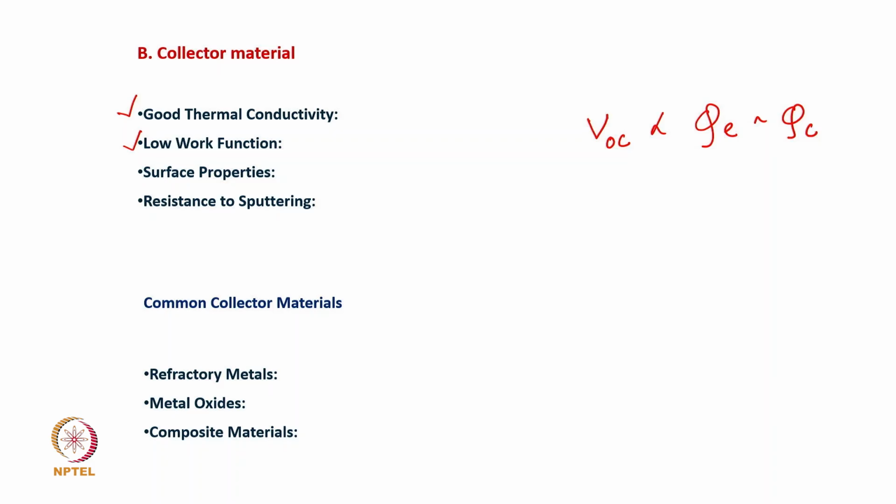So, we have to always choose a material where the work function of the collector is less as compared to the work function of the emitter. Here we need an optimization, because we want a lower work function of the emitter also, and if we need a collector whose work function is further lower, then we need to look at all the aspects of the device. But it should definitely have a lower work function, and surface properties are very important, because you know what is happening in the collector.